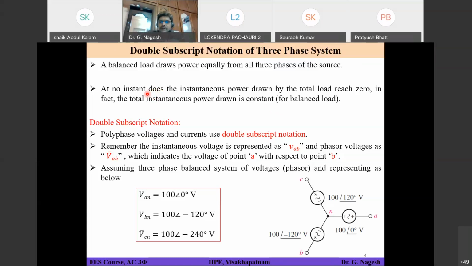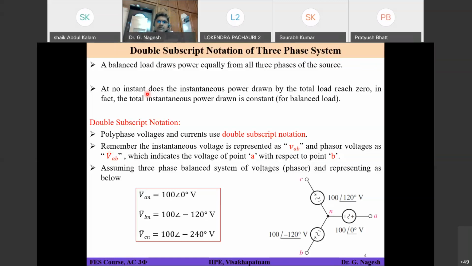If you talk about a three phase system, basically they will call it a double subscript notation. Since you have more number of phases, when I say voltage of phase A, I should say with respect to what? With respect to neutral or with respect to some other line. So always we should represent with double subscript notation.